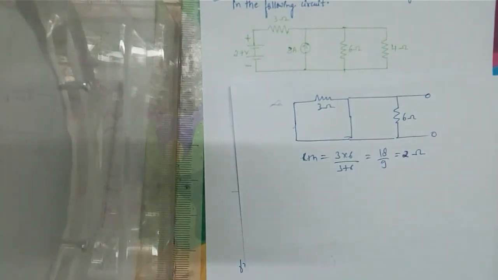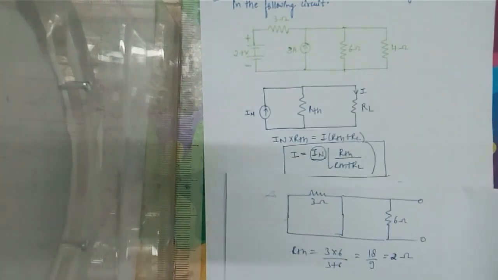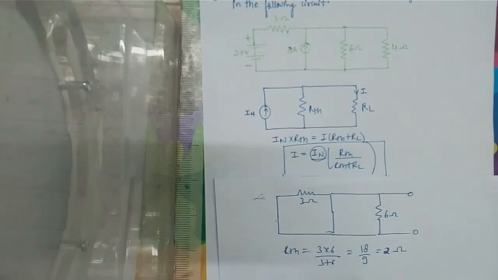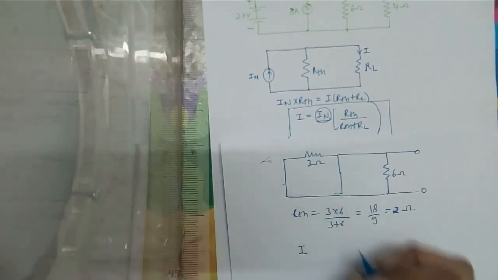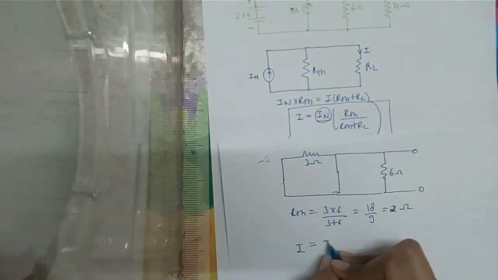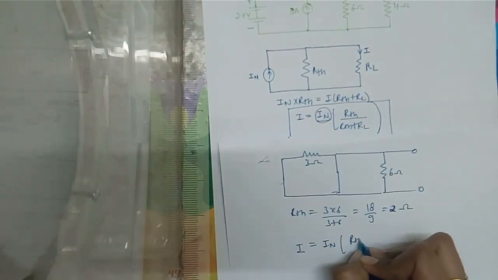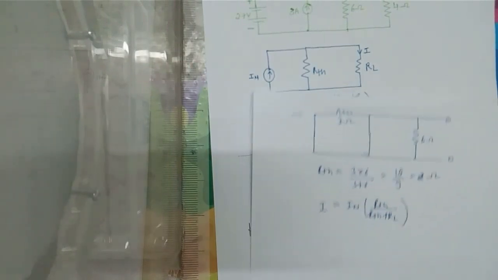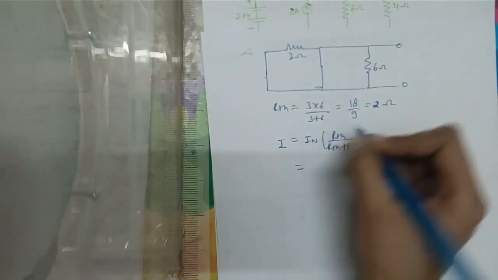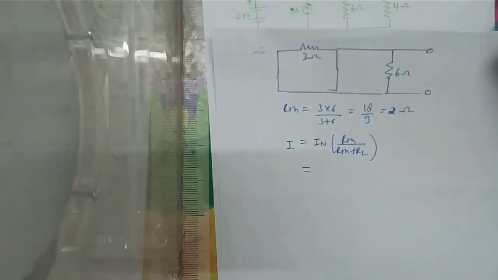Now we can easily apply the formula that's here, this formula. So we get I is equal to IN into RTH upon RTH plus RL, which is equal to, the value of IN that we had found was 12 amperes.